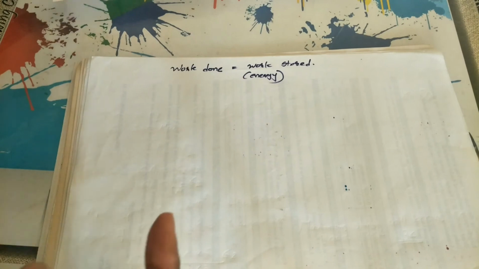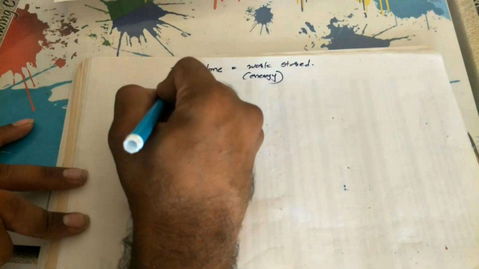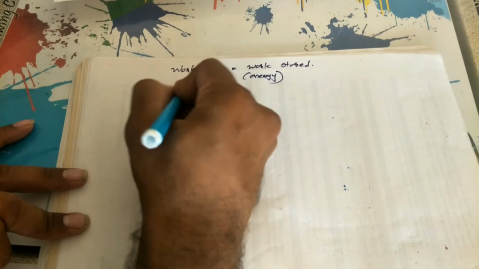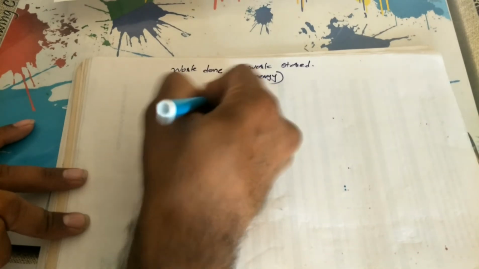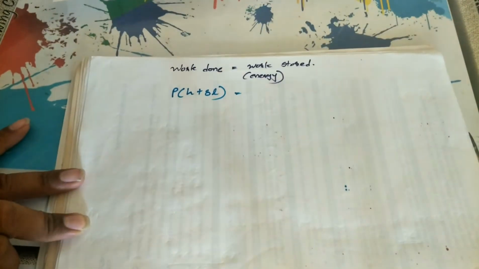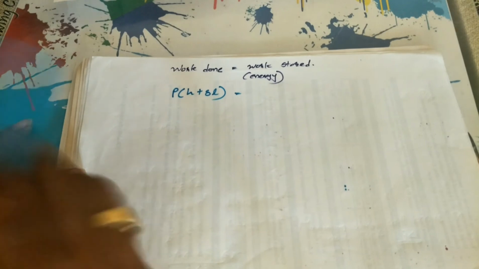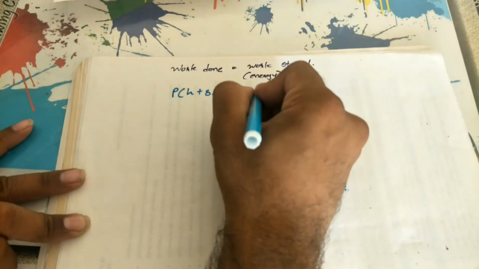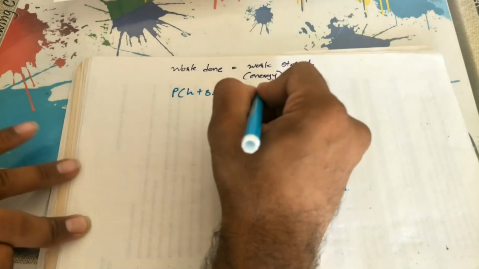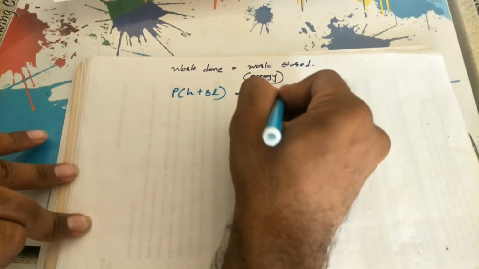We had already derived a formula. So the work done in the body for impact loading, that is P(H plus delta L), is equal to work stored, meaning your strain energy. Remember that it is a strain energy. So that equation is sigma square by twice E into V.